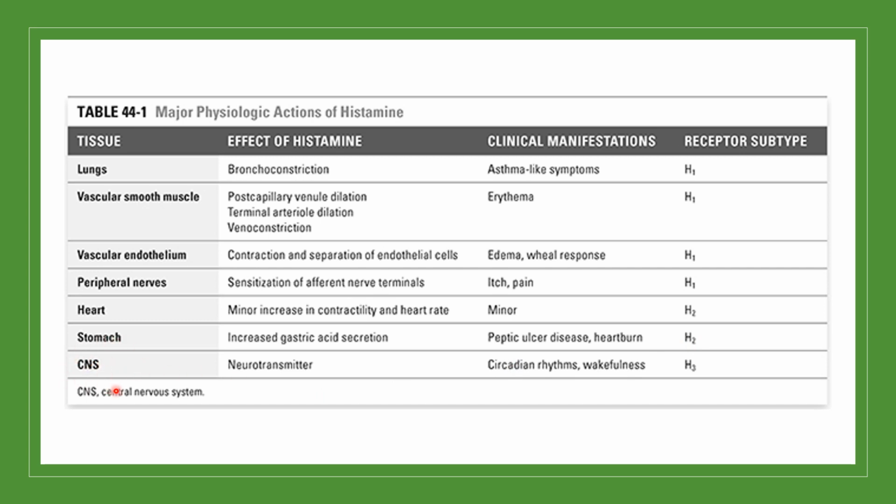So in the CNS, the major physiologic action of histamine is that it acts as a neurotransmitter, and this is manifested by circadian rhythm and wakefulness, and this is mediated via the H3 receptors.